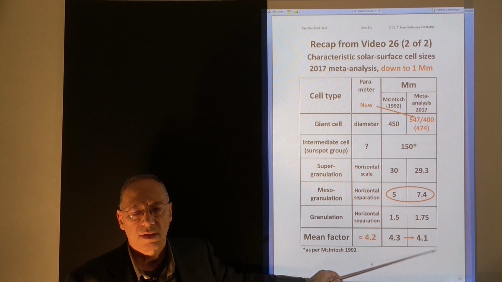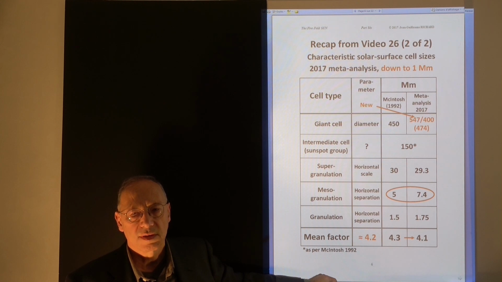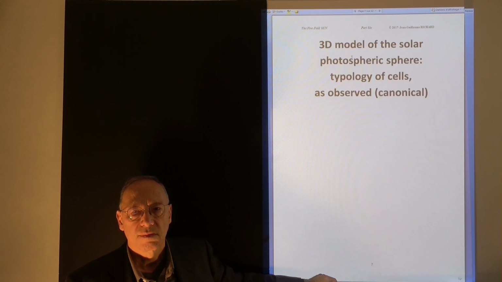The mean scaling factor after this update is closer to 4 and again approximates this integral value.